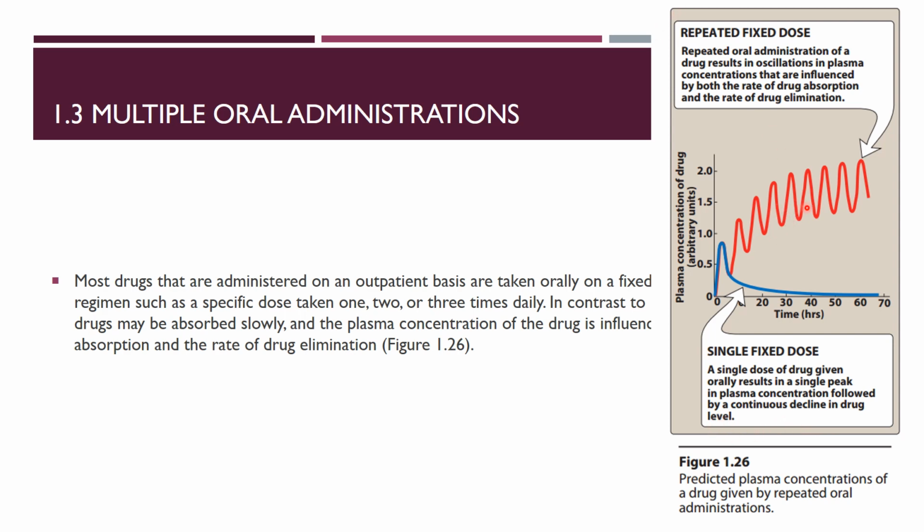The red line indicates repeated fixed doses. Repeated oral administration of a drug results in oscillations in plasma concentrations that are influenced by both the rate of drug absorption and the rate of drug elimination.